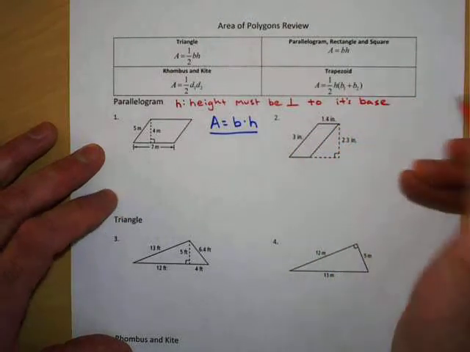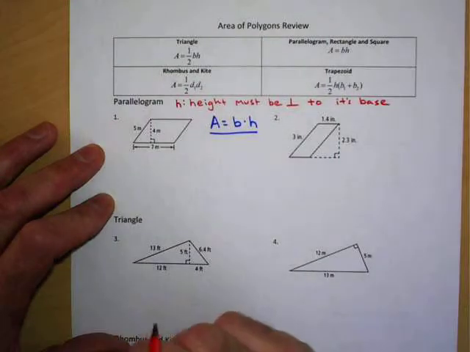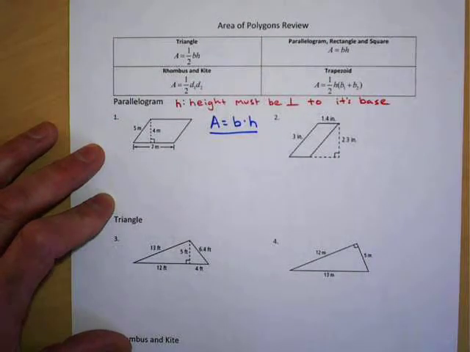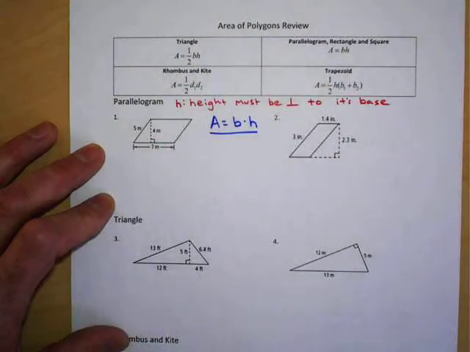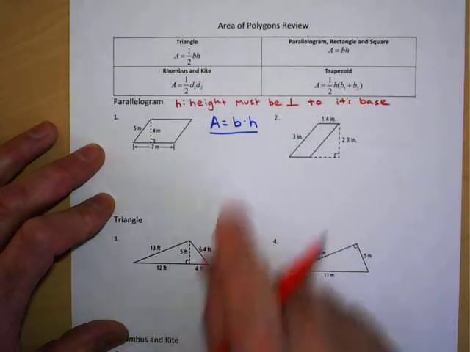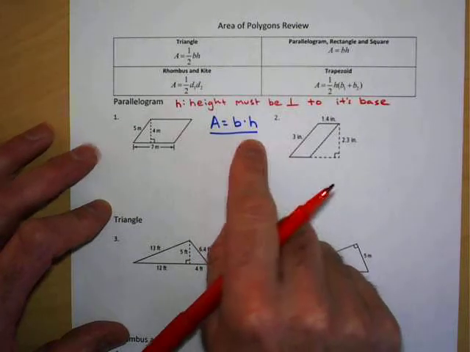And vice versa, it's both ways. Base must be perpendicular to height, height must be perpendicular to its base. The diagonals also are perpendicular to one another, and we'll get to that in a few minutes. But right now, area equals base times height. That's what we're going to do.